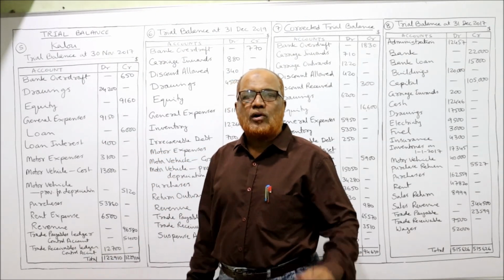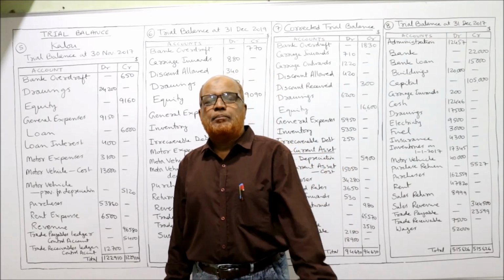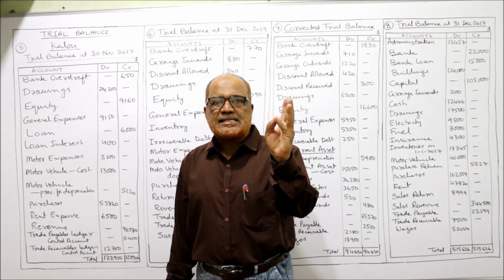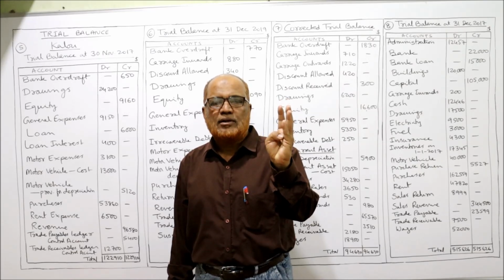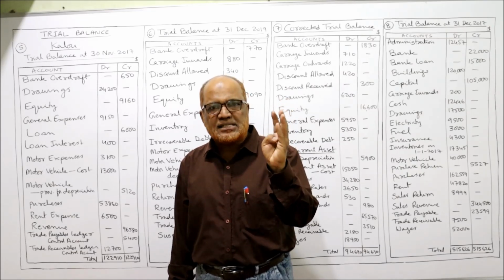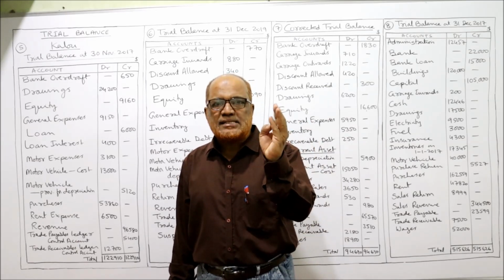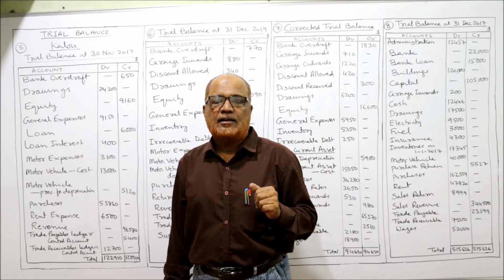For this purpose, in the theory video, I have already explained the rules regarding preparation of the trial balance. All assets, expenses and losses are debited. All liabilities, incomes and gains are credited.